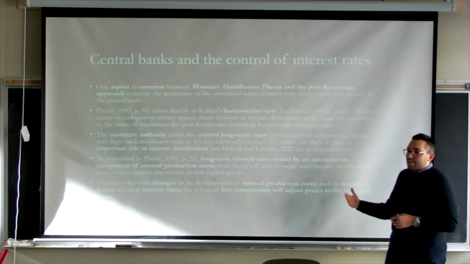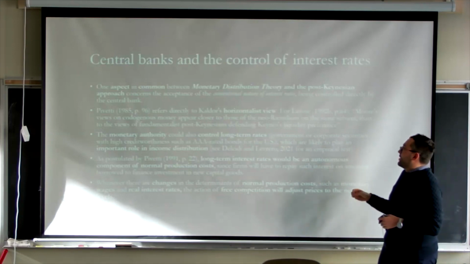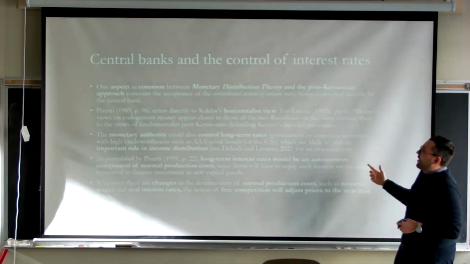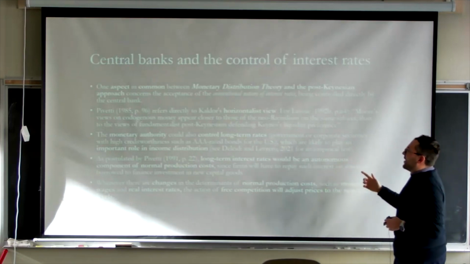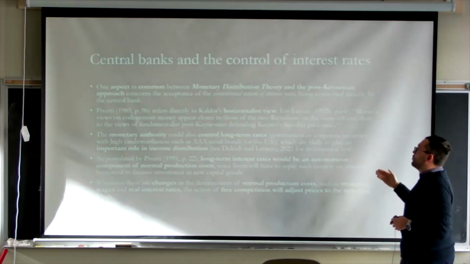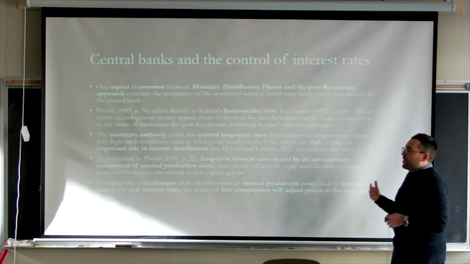Pivetti refers directly to Kaldor's horizontalist view, and Lavoie underlines that most views on endogenous money appear closer to those of the neo-Ricardians on the same subject than to the views of fundamentalist post-Keynesians defending Keynes's liquidity preference.